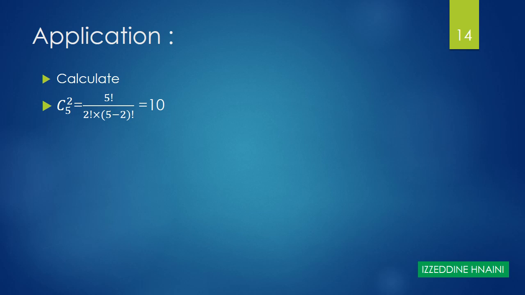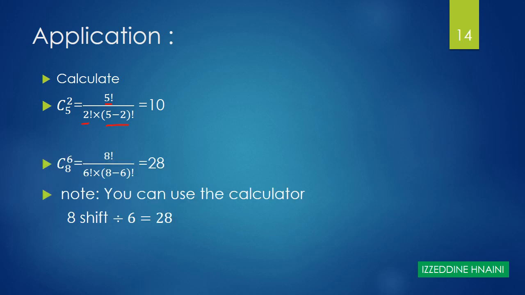For example, calculate C(5, 2). We have n equals 5 and R equals 2. Apply the rule: 5 factorial over 2 factorial times (5 minus 2) factorial, which equals 10. C(8, 6) equals 8 factorial over 6 factorial times (8 minus 6) factorial, which is equal to 28.